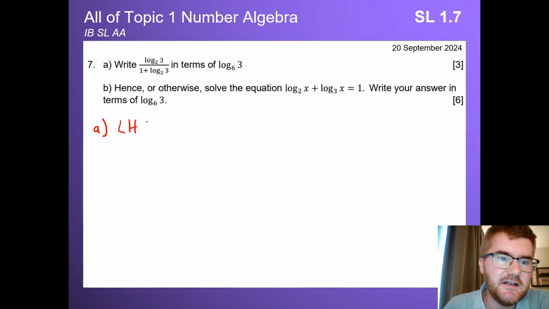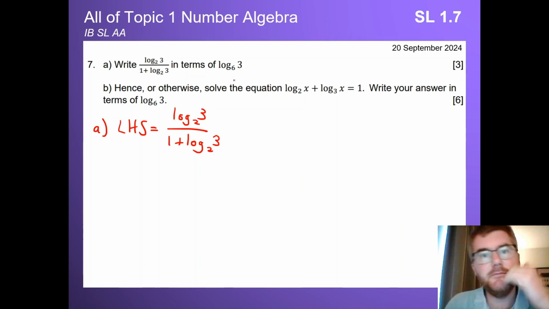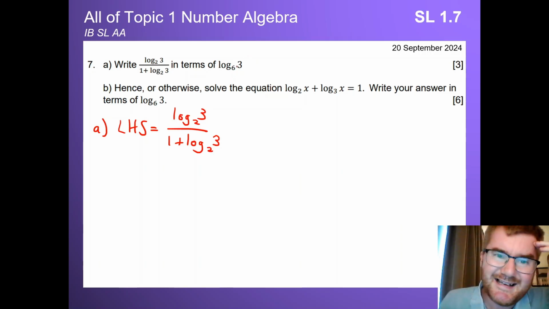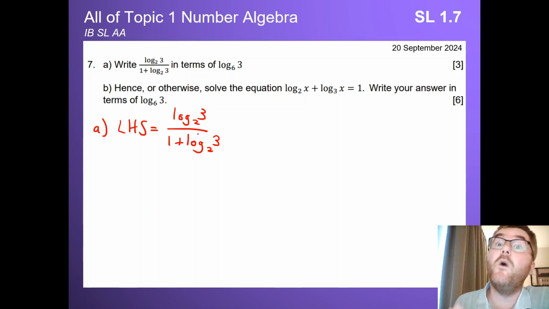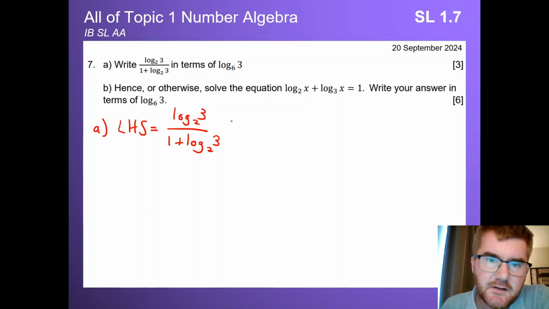So the left hand side here, LHS is how I usually call it, is log 3 base 2 over 1 plus log 3 base 2. Now, how are we going to change that in terms of log 3 base 6? So the first thing that comes to mind here is try and tidy this up at the bottom, so make it one logarithmic expression. So the way we can do this, we can actually change 1 itself using what we have, so here is actually log 2 base 2.